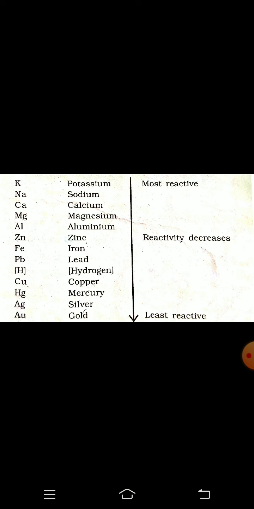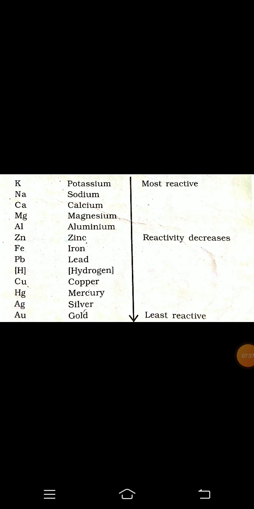Now you see we have learned activity 3.12 where we got an equation Fe plus CuSO4 gives FeSO4 plus Cu. Now you see Fe is iron and Cu is copper. From these two, which is more reactive? It is iron. That is why iron will replace copper.